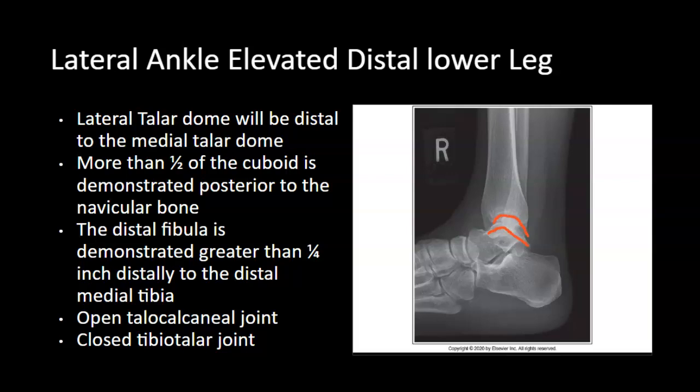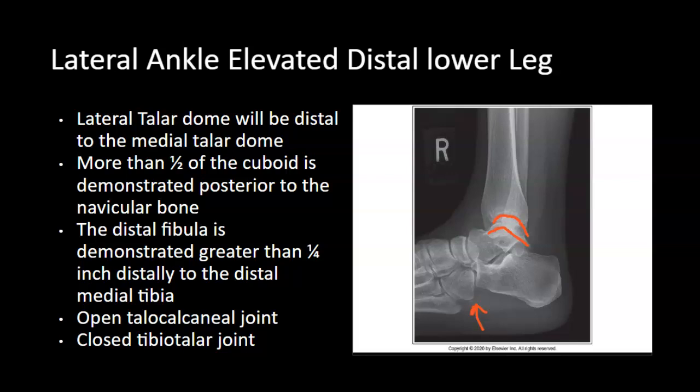More than 1/2 of that cuboid here is demonstrated posterior to that navicular bone. The distal fibula will be demonstrated greater than 1/4 inch distal to the distal medial tibia. It becomes elongated.